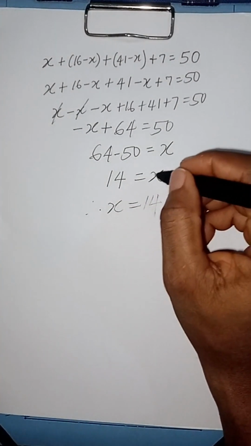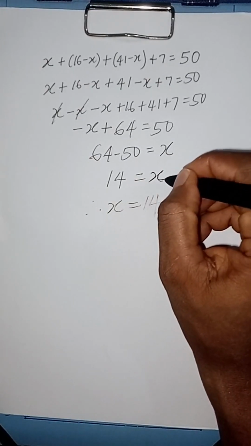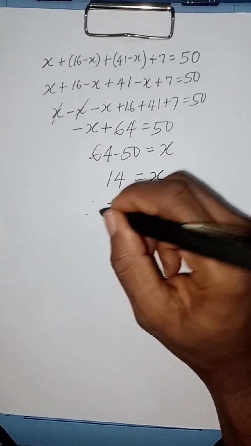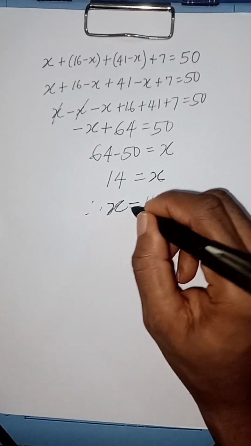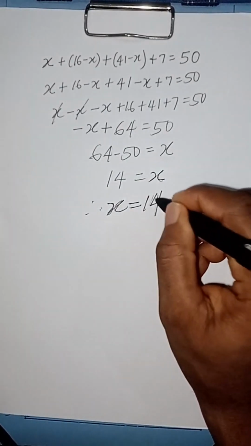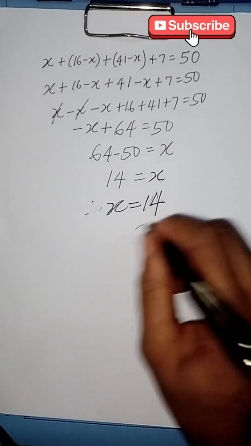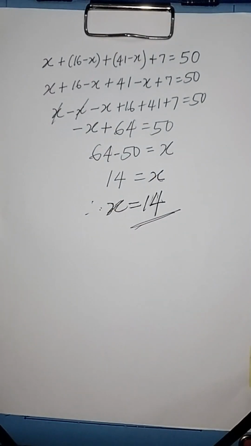Please permit me to write this clearly. This is X. Therefore, X equals 14. So this is how to find the solution to questions of Venn diagram under your sets.